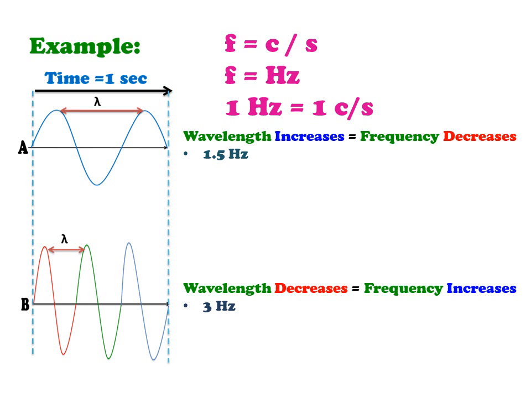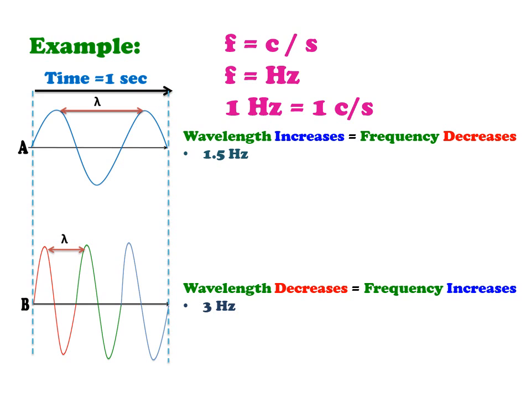Example: two sine waves, sine wave A and sine wave B, at the same time, which is 1 second. Sine wave A has 1 wavelength and an excess considered as a half. Sine wave A has a longer distance of wavelength. It is stated that frequency is inversely related, so frequency decreases.